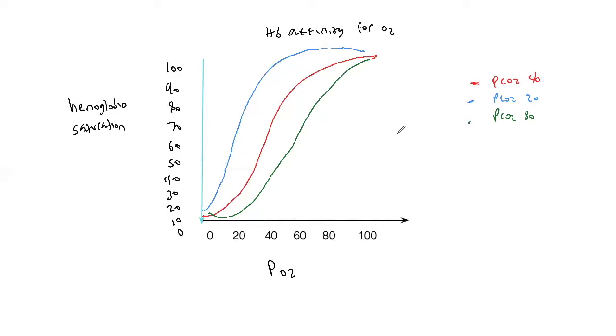Therefore, when carbon dioxide is higher, that's a signal to the red blood cells that they need oxygen. And when the partial pressure of CO2 is higher, oxygen is more likely to disassociate from hemoglobin. Lower CO2 is going to result in increased hemoglobin affinity for oxygen. Increased partial pressure of CO2 is going to result in increased dissociation of O2 from hemoglobin.